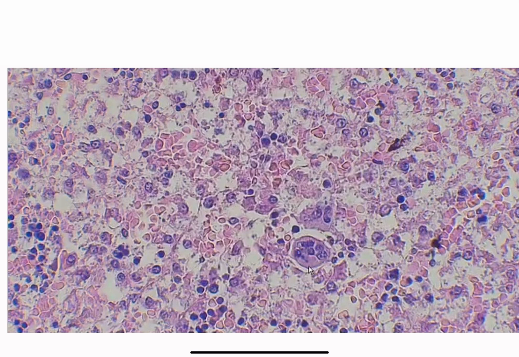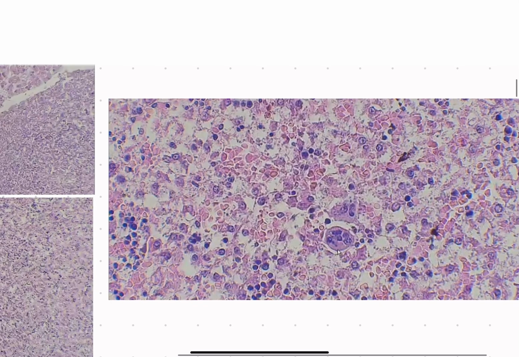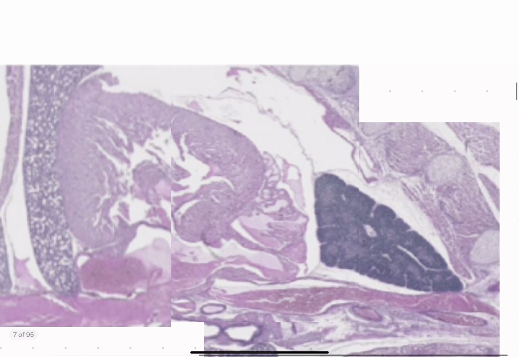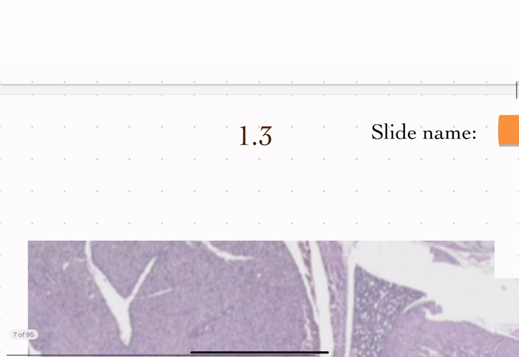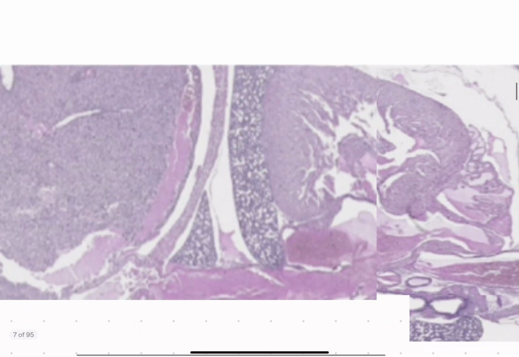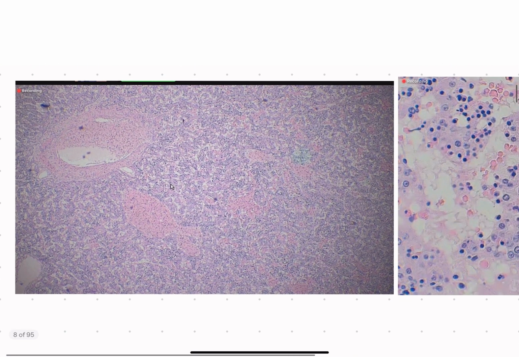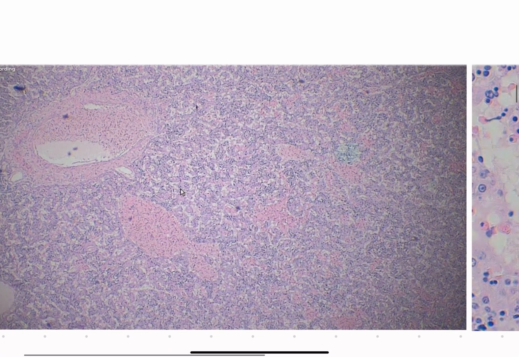Okay, next slide. We're in the same area, so we're going to see exactly the same slide and the same area. So the same slide name that you wrote in the previous number, which would be 1.2, write it for 1.3 as well. Zooming in, we see the same type of area that we saw for the structure before.